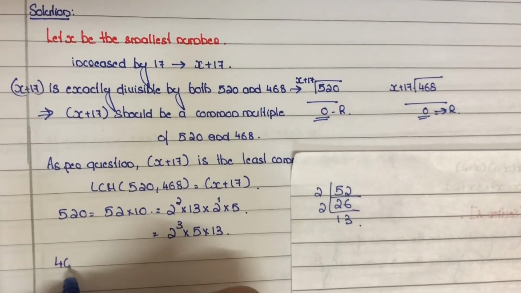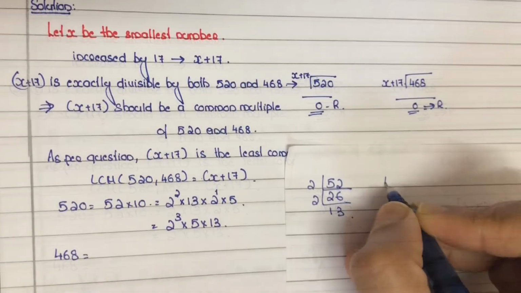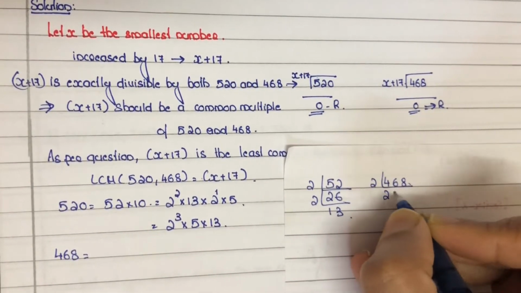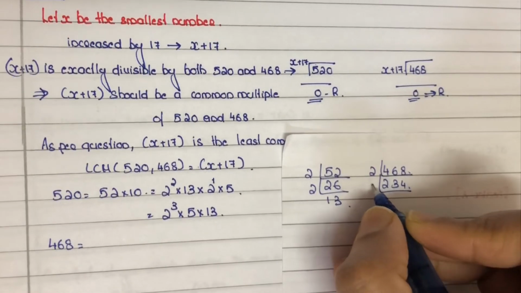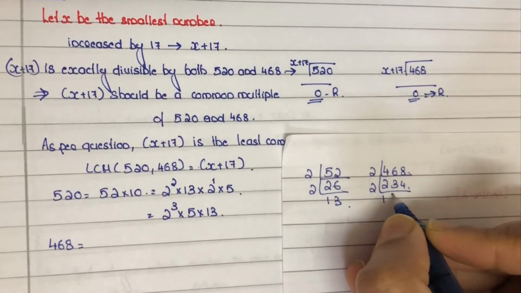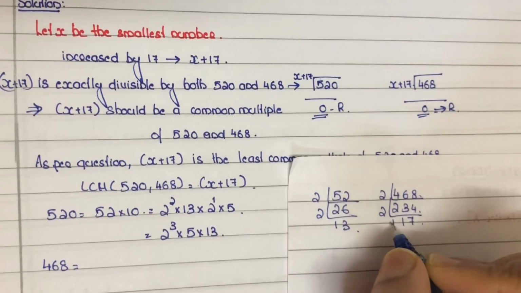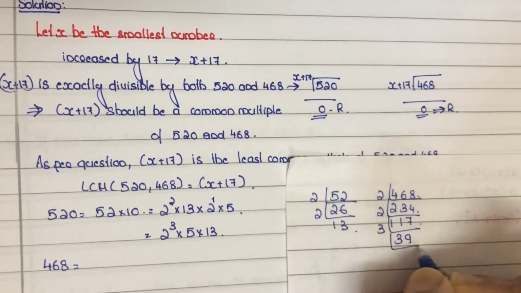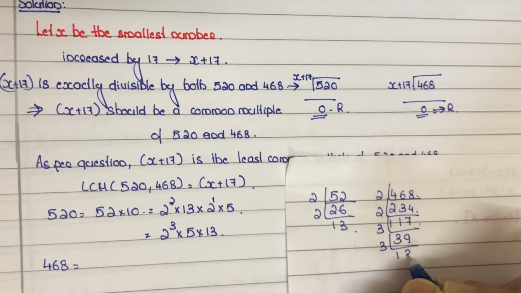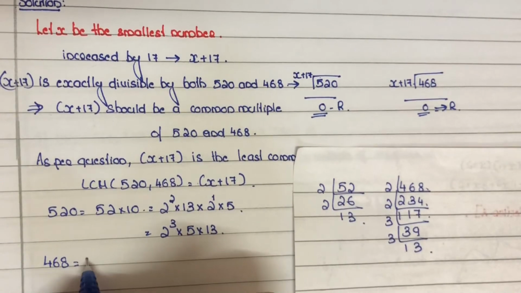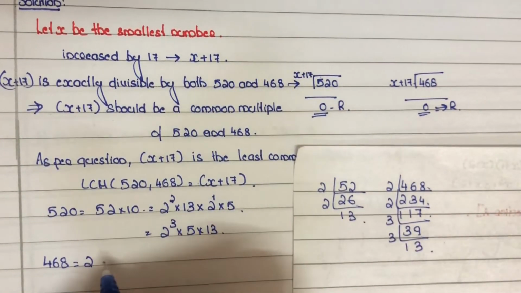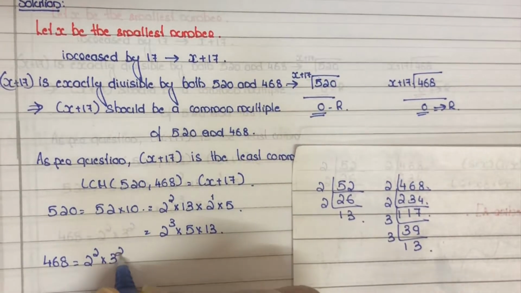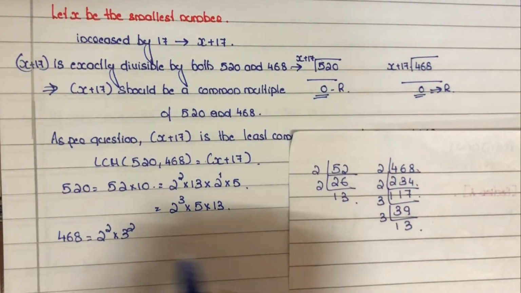Next number is 468 equal to 468 divided by 2, 234, divided by 2, 117, divided by 3, 39, divided by 3, 13. That is 468 equal to 2 raised to 2 into 3 raised to 2 into 13.